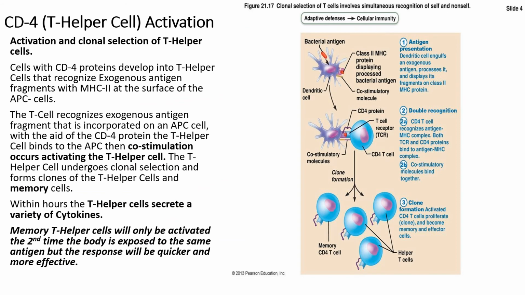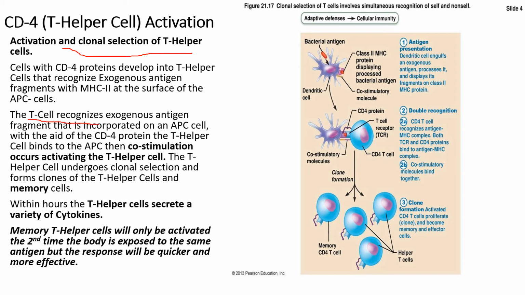Okay, CD4 T cells, T helper cells, excuse me. How do they get activated? Activation and clonal selection of T helper cells. The cells with the CD4 protein develop into T helper cells that recognize exogenous, remember exogenous means outside, fragments with the MHC2 at the surface of them.